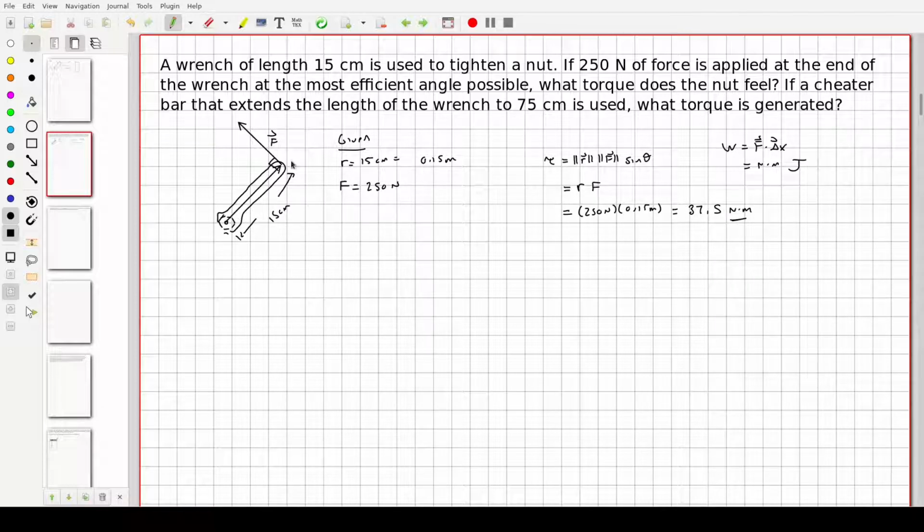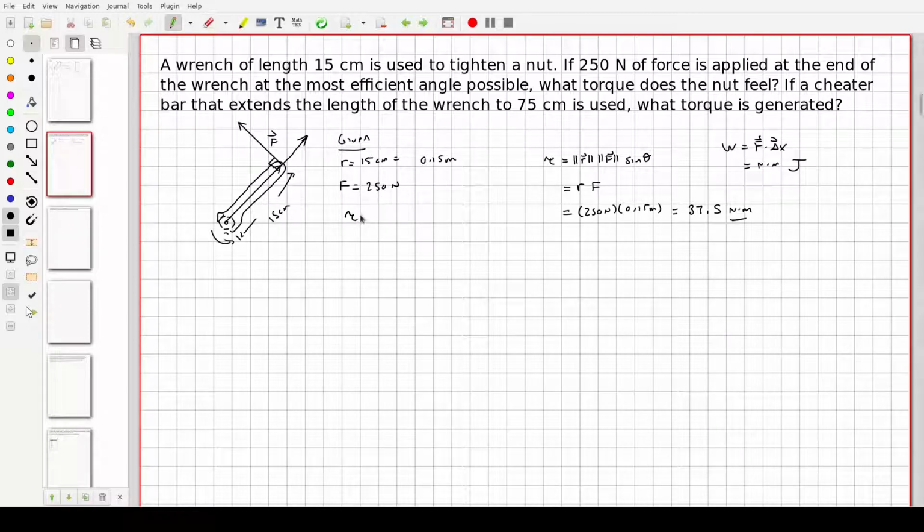Now, what about the direction? Well, if you put your fingers along the direction of R, which would be this way, and you face your palm in the direction of F, that gives you your thumb pointing out of the page. Now, out of the page means counterclockwise rotation. That is positive torque.